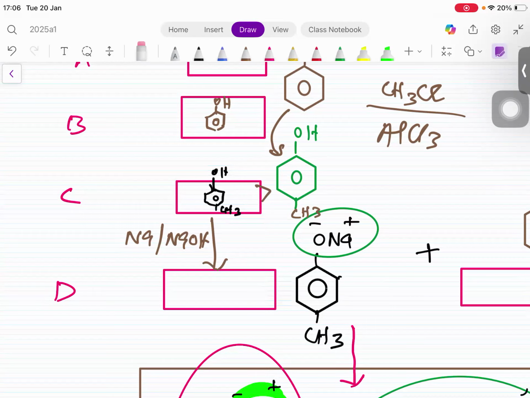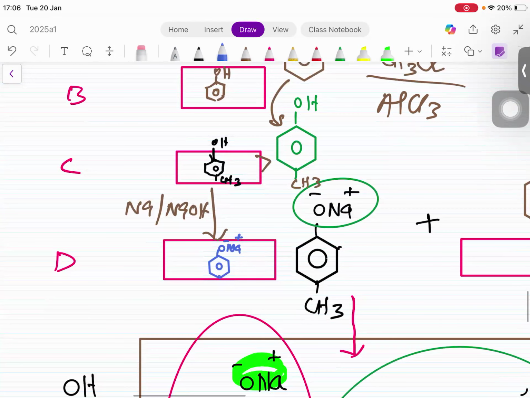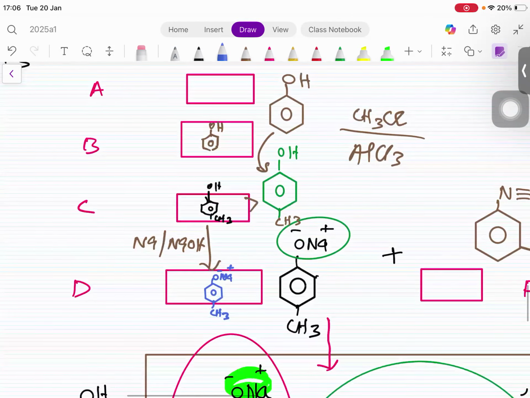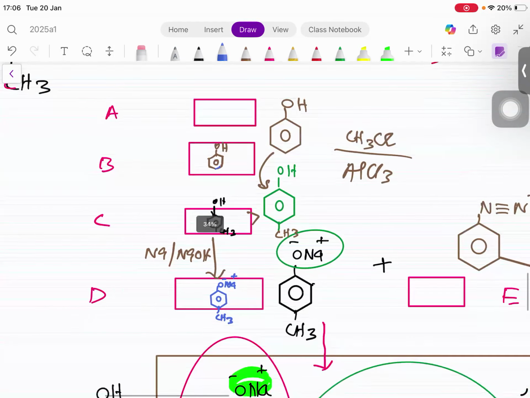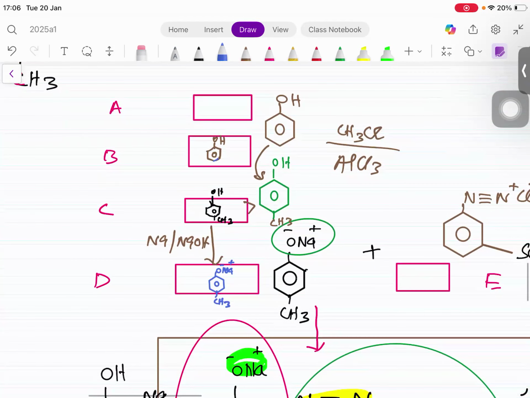D is the ONa. Okay. And then what is the benzene ring? Yes, the benzene ring. What about A? Now come to the A.